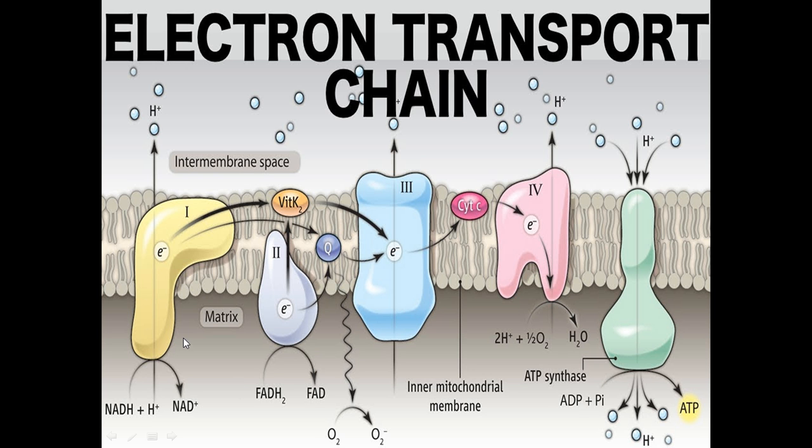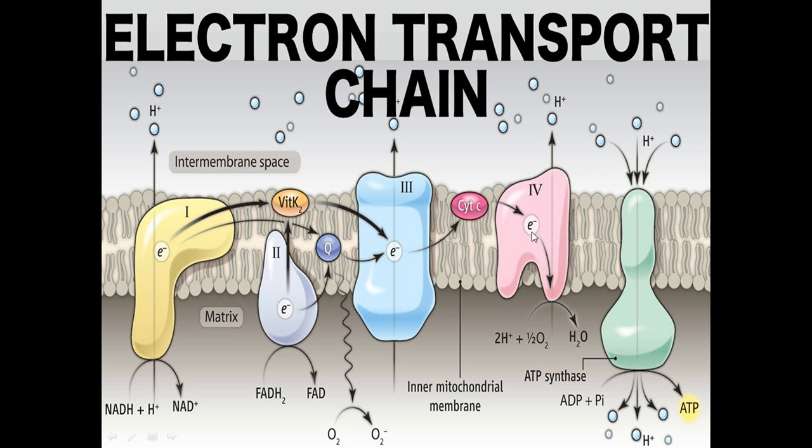So when complex 1 gains an electron, it becomes energized and pumps protons from the matrix to the outside. When complex 3 receives an electron, it becomes energized and uses that energy to pump protons from the matrix to the intermembrane space. I think per the gaining of 1 electron, it pumps 2 protons out.